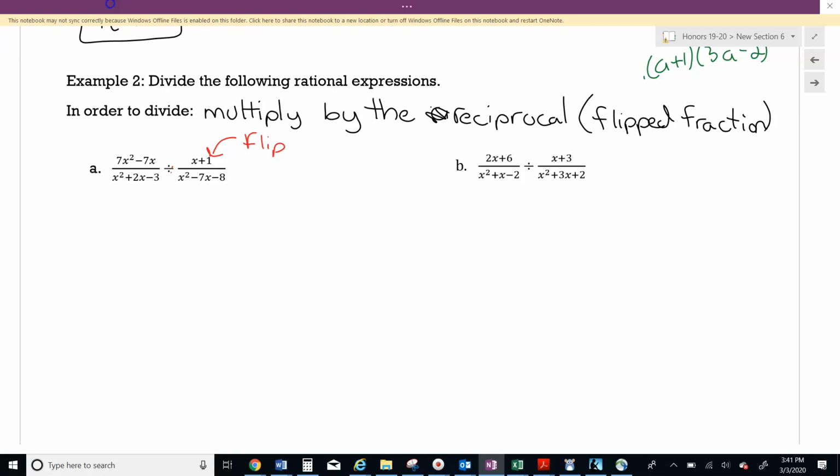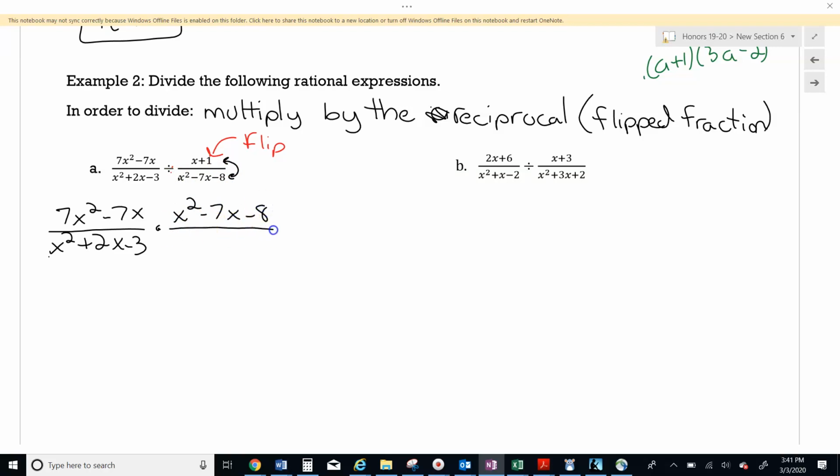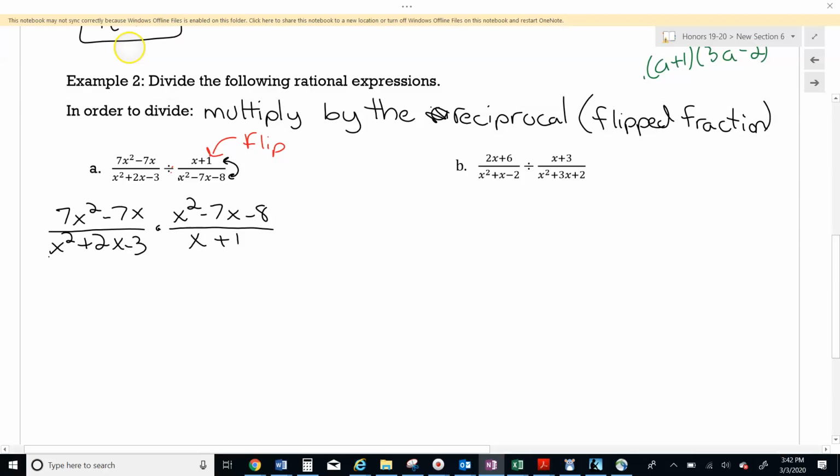So we're going to have 7x squared minus 7x over x squared plus 2x minus 3 times, I'm going to flip this, so I'm going to have x squared minus 7x minus 8 over x plus 1. Now do the same exact thing. Factor 7x squared minus 7x.